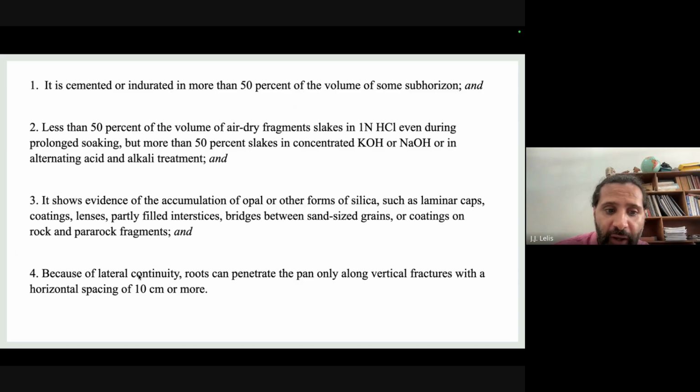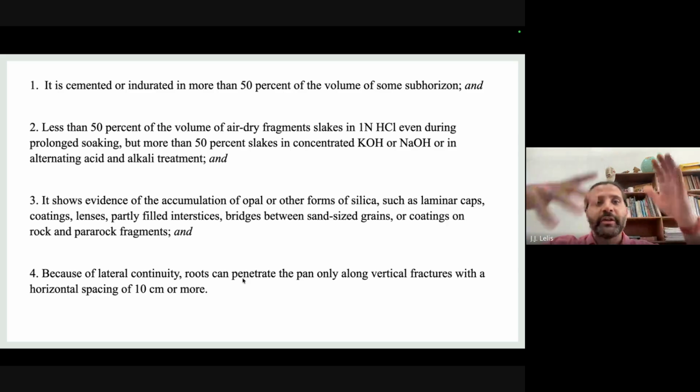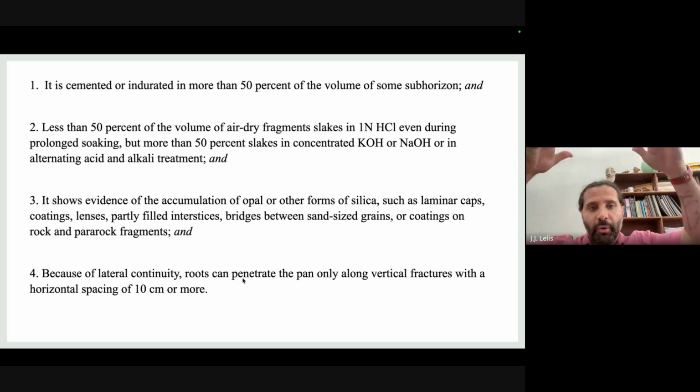And because of the low lateral conductivity, roots cannot easily penetrate, only along some vertical fractures. And these fractures should have a distance between them of 10 centimeters or more. Okay, so I cannot see a lot of roots penetrating and growing through this duripan, as in the other cemented horizons.